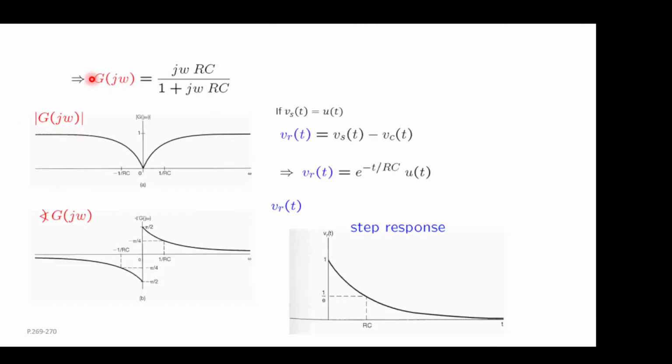But anyway, so your G is j omega RC over 1 plus j omega RC. And we can plot its magnitude and phase here. So you see that its magnitude is like a high-pass filter. The region from about minus 1 over RC to 1 over RC gets filtered out, and for high omega it will saturate to 1, so that's nice.